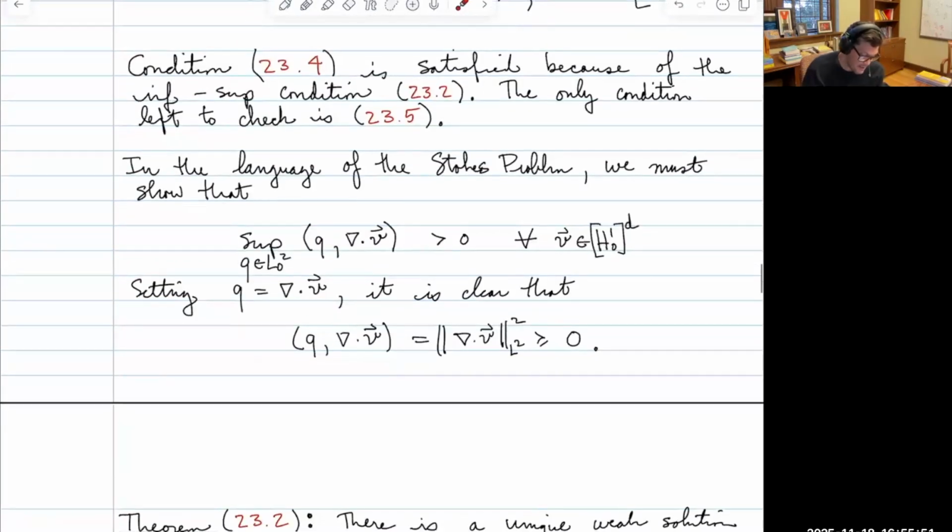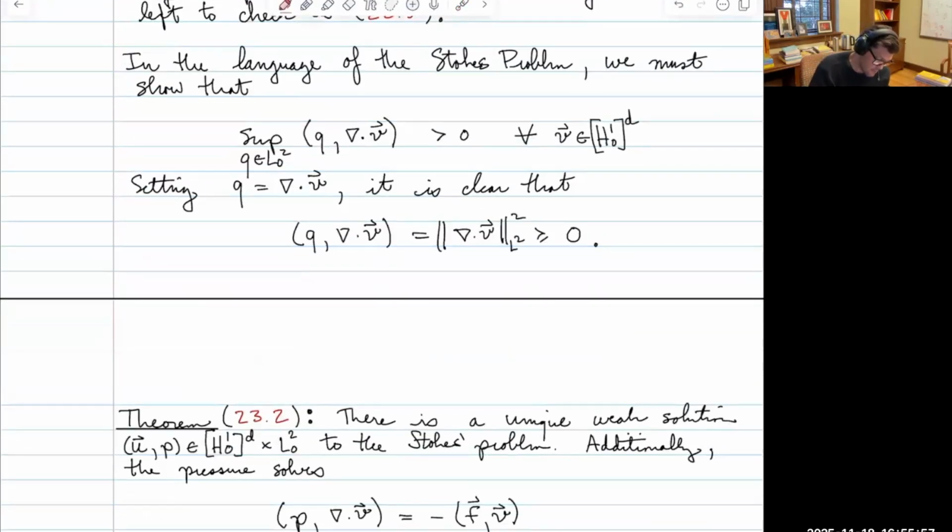Okay, if I integrate that object, so if I integrate the divergence of v over the set omega, then using the divergence theorem, this is going to be the integral of v dot n ds.